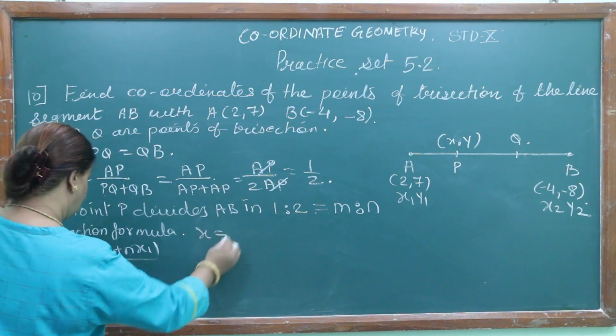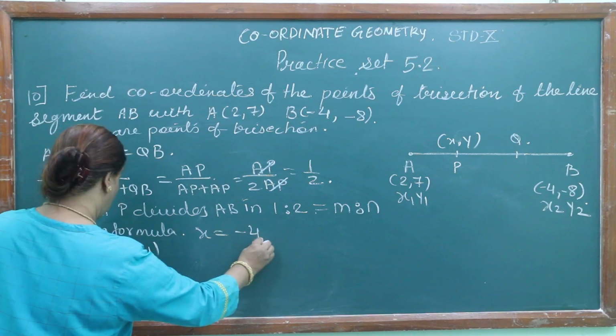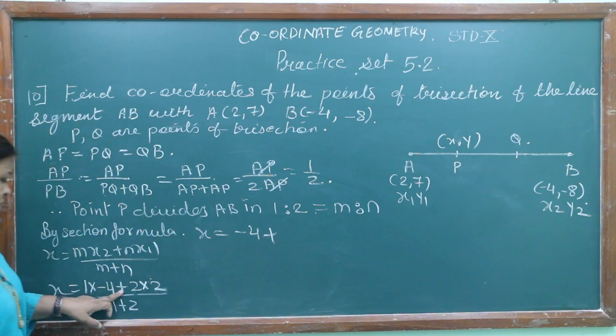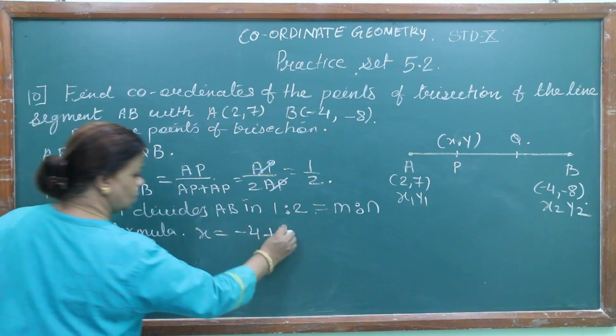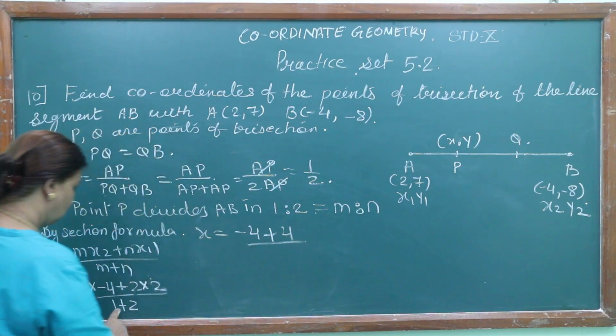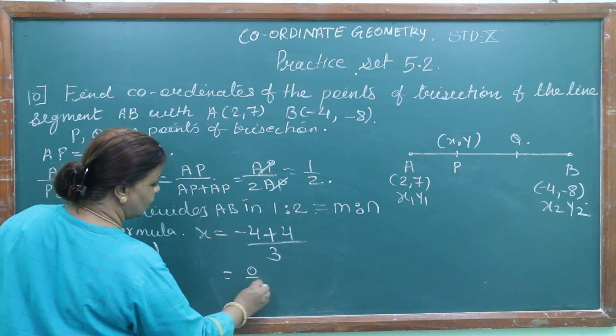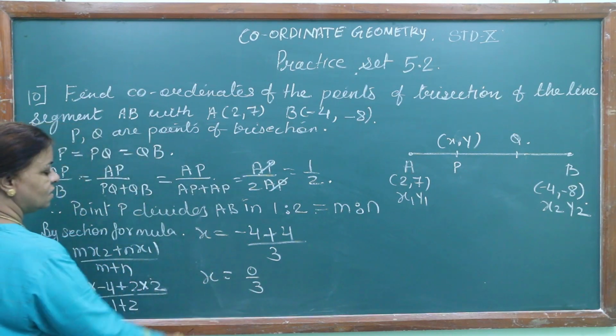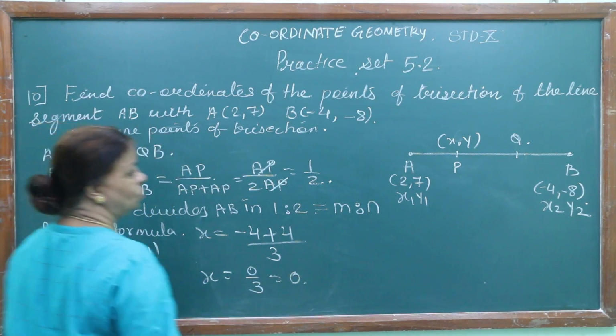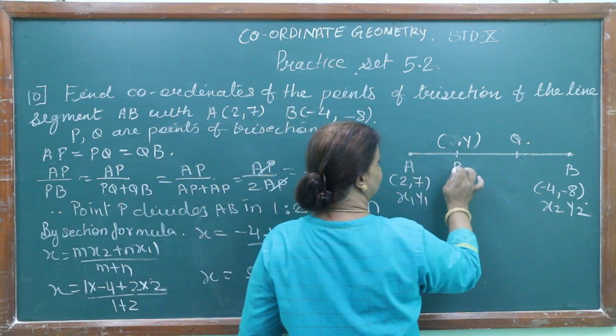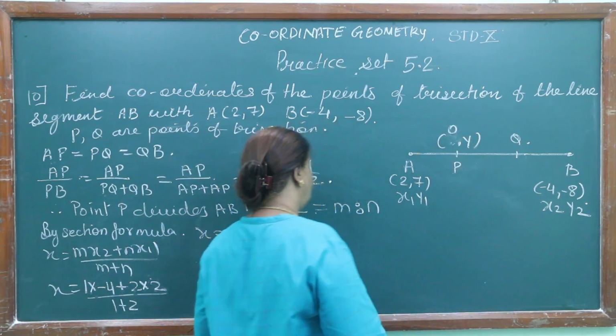So x is equal to minus 4 plus 2 times 2 upon 1 plus 2 is 3, which is 0 upon 3. So x is 0. So we got the x coordinate of P as 0.